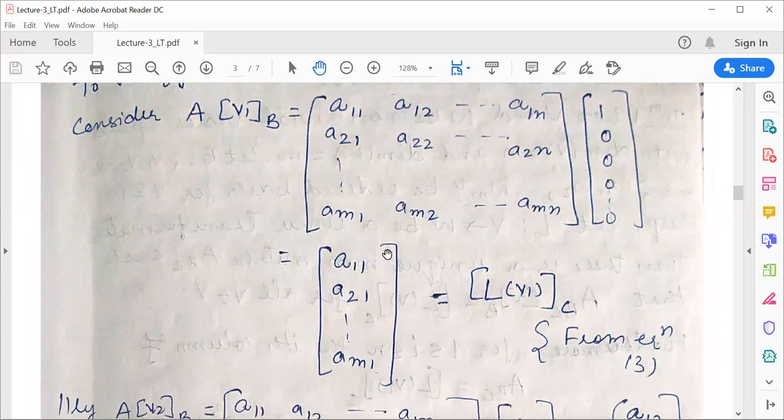If you observe, this is nothing but A11, A21 and AM1, which is equal to L V1 of C.